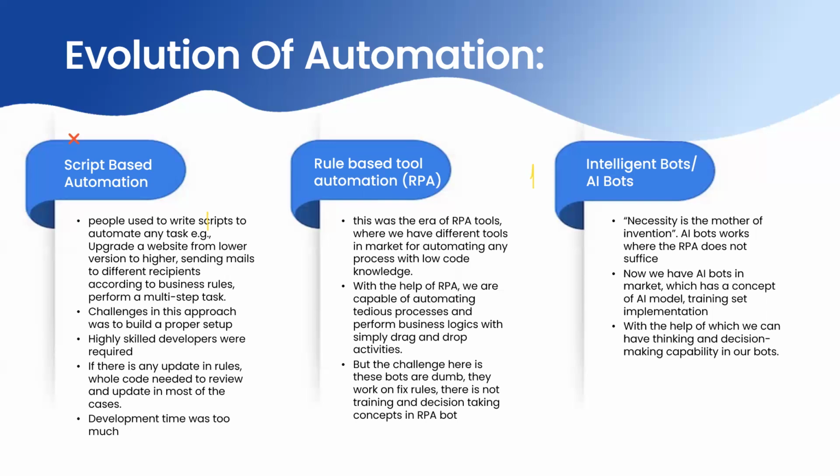Suppose we have some process where the bot needs to think out of the previous data. Suppose you are creating a payment bot. The bot has to analyze from the previous data of that user whether the user is paying the EMI on time, whether it is a big EMI or smaller EMIs, what kind of loan, whether the user is a frequent loan taker, and according to that it needs to make a payment.